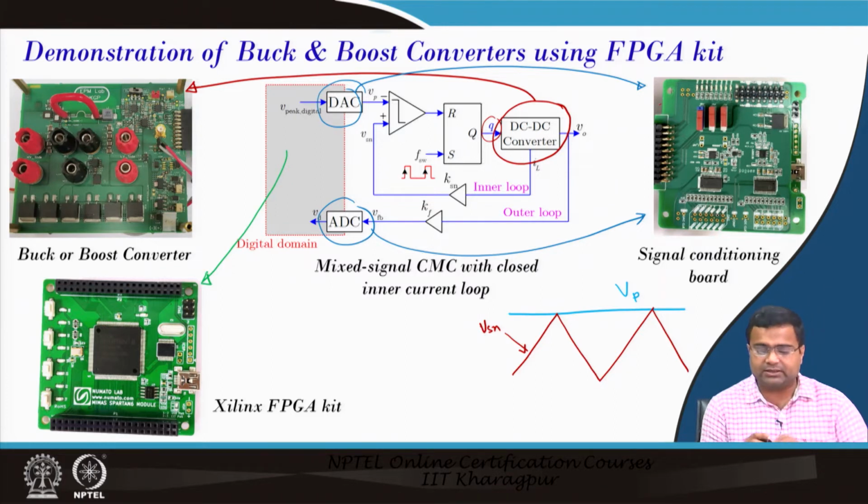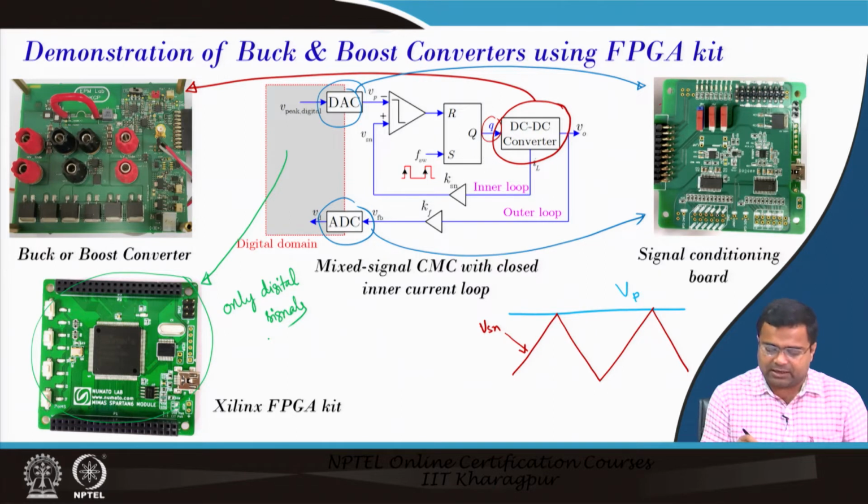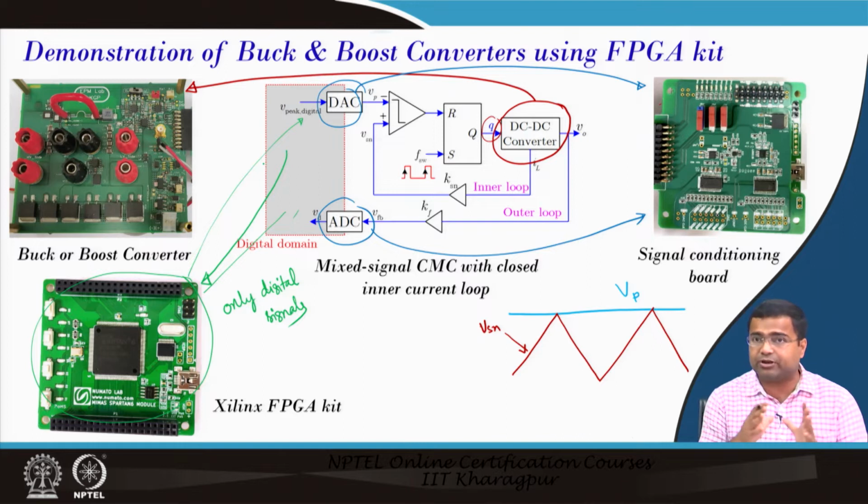That means we are using the digital control algorithm. This platform only deals with digital signals. The output of the ADC will go to the FPGA, then the FPGA will generate the digital value which will go to the DAC, that means the D to A converter, and the D to A converter is sitting in this mixed signal board.